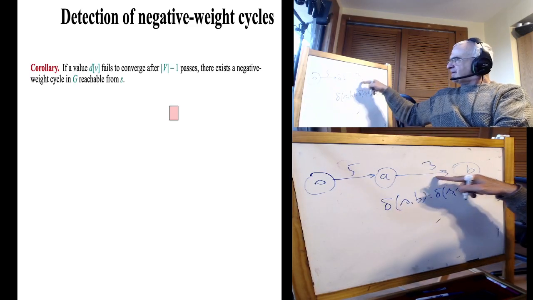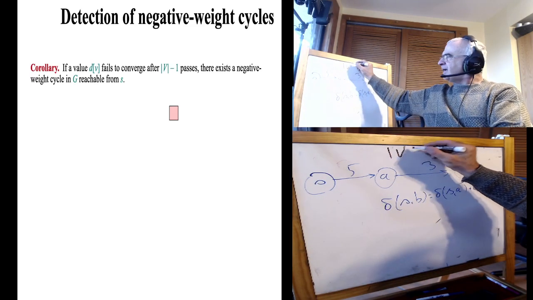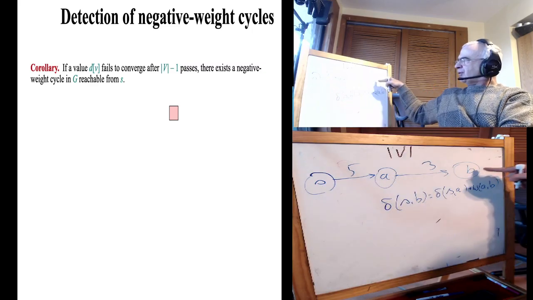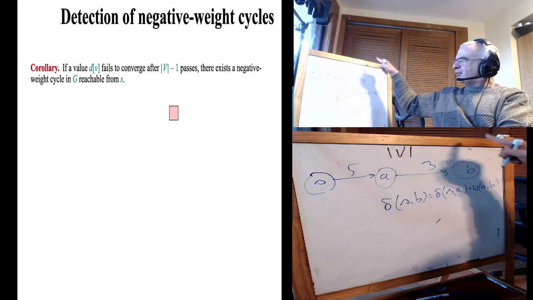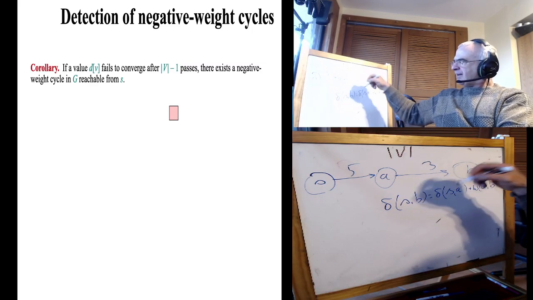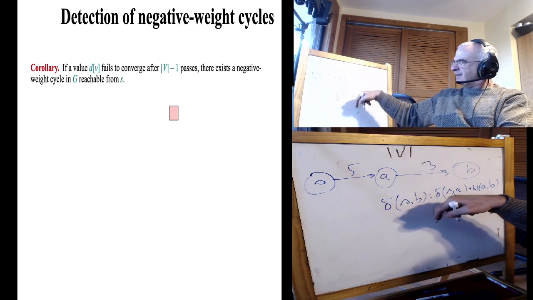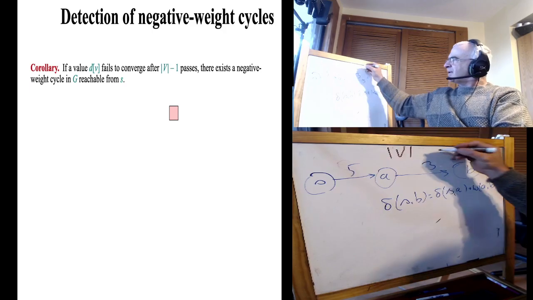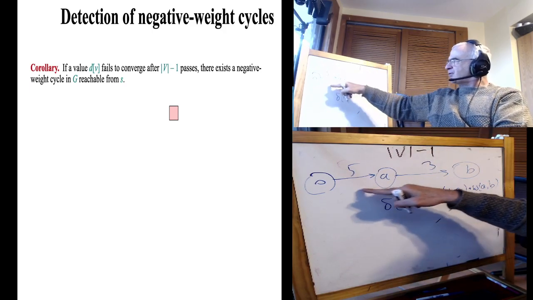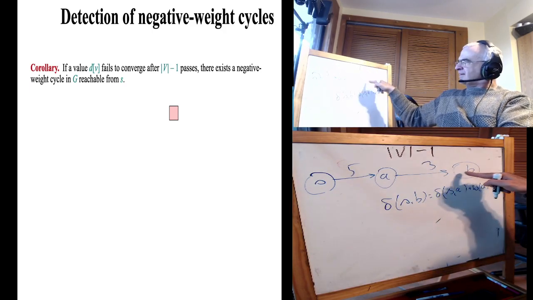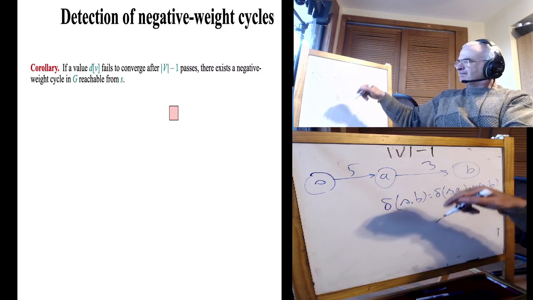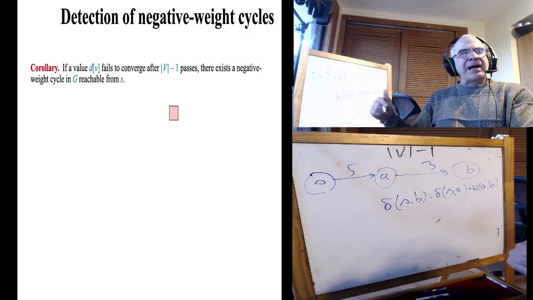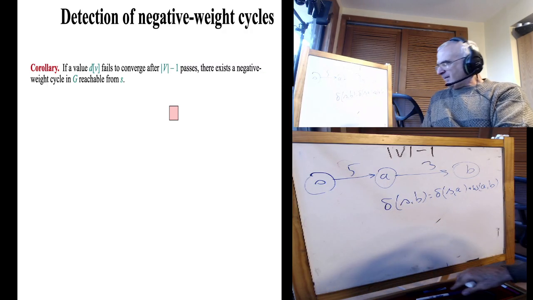The graph has V vertices, so the length of any simple path, a path that doesn't contain cycles, the length of the shortest path to every vertex is at most V minus 1. Three vertices, only 2 edges. But that's only for graphs that don't have negative cycles.